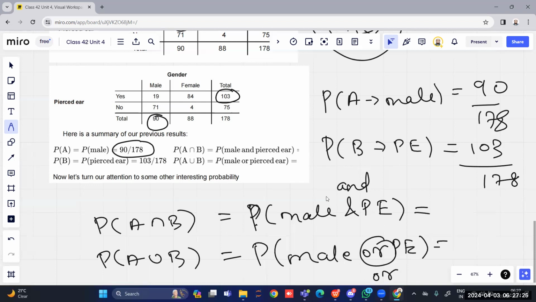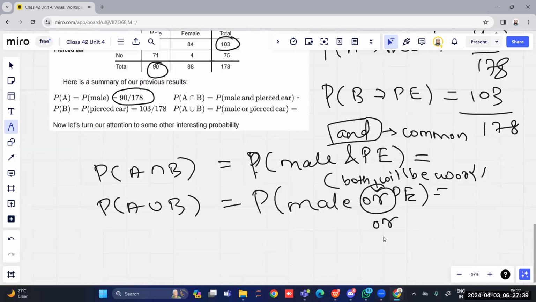'And' means common, common between both, and 'or' means either will work. Either will work means if it is male, this will work, or if it has a pierced ear, this will also work.